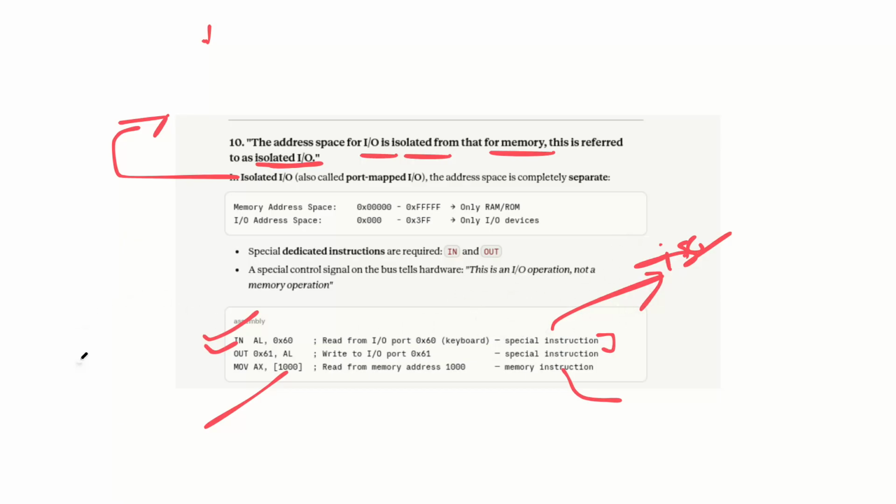Memory instructions are separate, and special instructions are there for IO. So IO instructions and memory instructions are separate in isolated IO because the address space is separate. The RAM has a different address space and the IO devices have a different IO space, as you can see here. But in memory mapped IO, it was the opposite, right? So this is what you have to understand about IO instructions. Thank you.